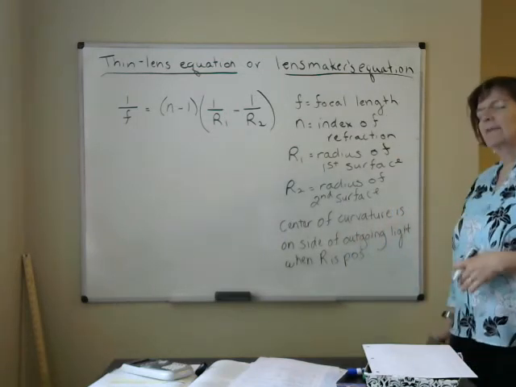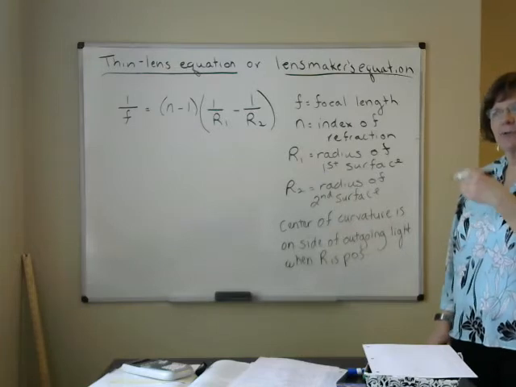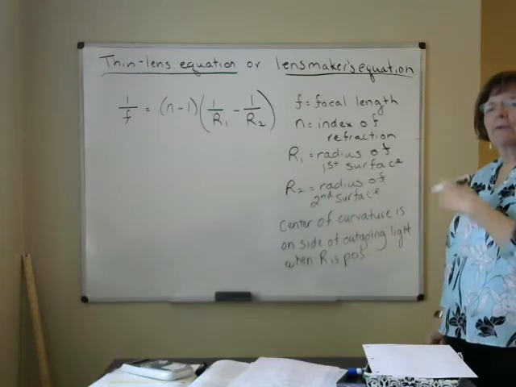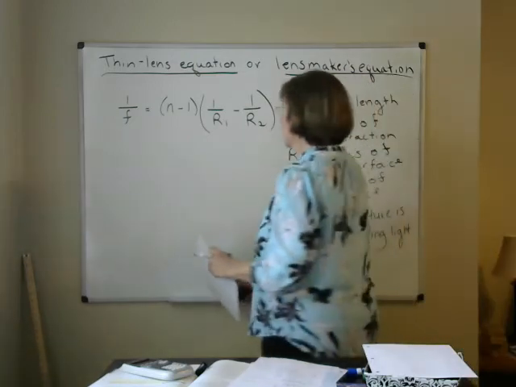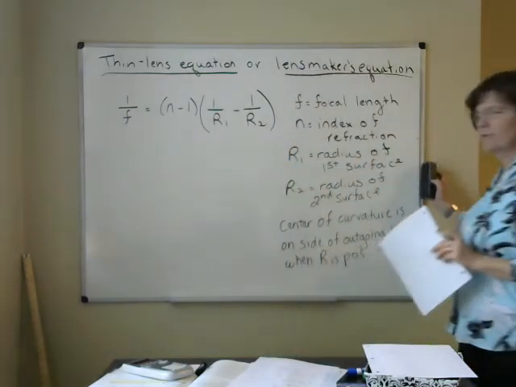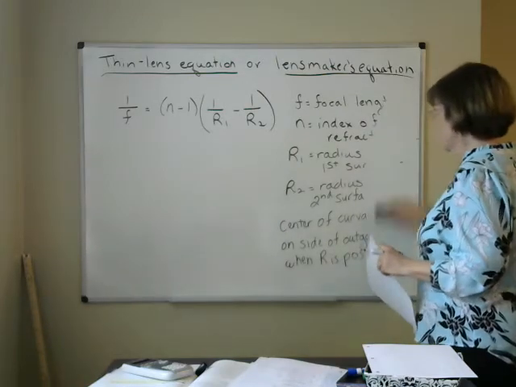Okay. If it's on the side of the incoming light, then the center of curvature is on the negative side, and the radius of curvature is going to be negative. Let's look at a very specific example. Take just a minute, but you can pause this and write down all this information.